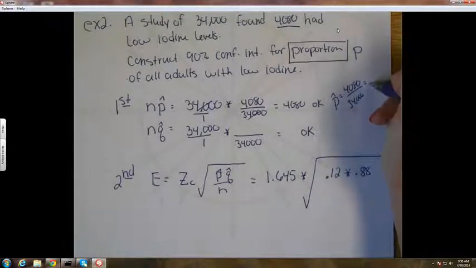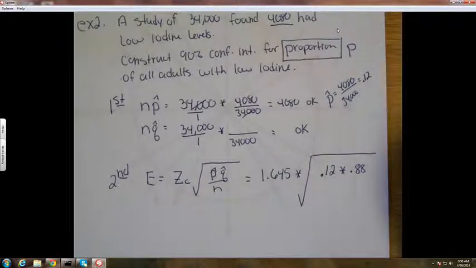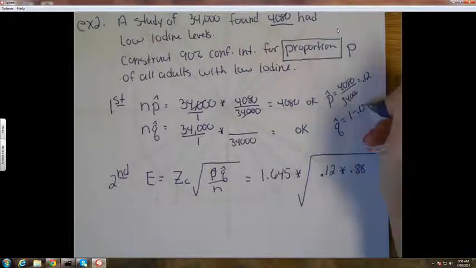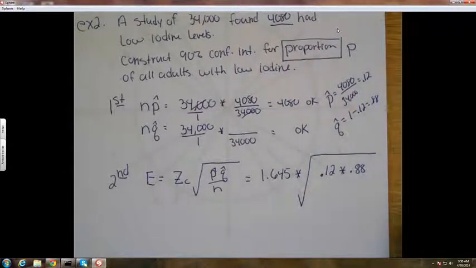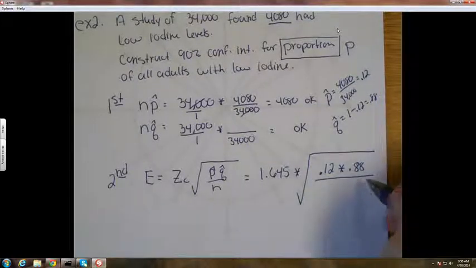Which they're telling me comes out 0.12 if you divide it on a calculator. Subtract from 1. 1 minus 0.12 gives me 0.88. Okay, over sample size, 34,000.